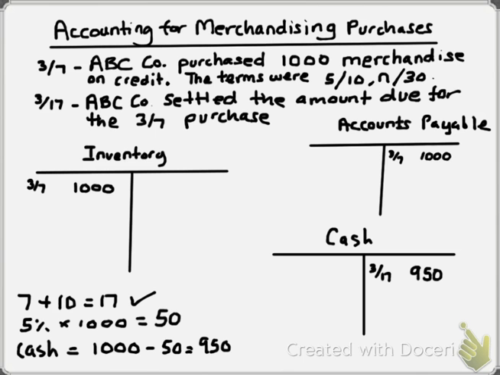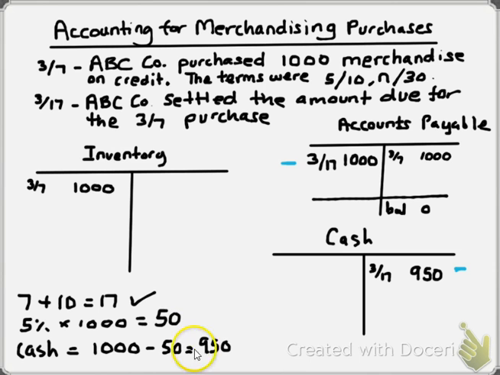Next, we also know that after we pay this $950, we're not going to be owing anything to our vendor. So we need to bring this balance down to 0. So we are going to debit accounts payable for $1,000, bringing the balance that we owe to the vendor to 0. Now you've got a cash credit of $950 and a debit on accounts payable of $1,000, but your journal entry is not in balance: it has $1,000 in debits, only $950 in credit, so you're short $50 in credit.